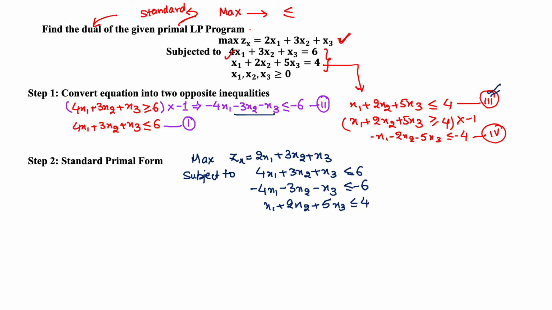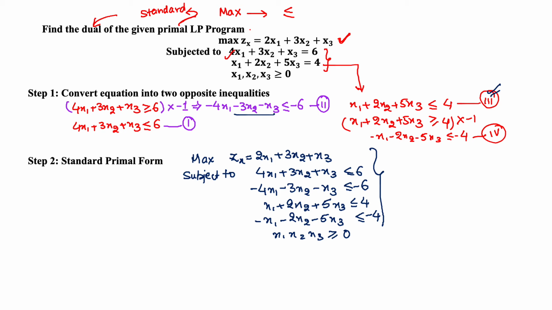Okay, and similarly I will have minus x1 minus 2x2 minus 5x3, and it is less than or equal to minus 4. Okay, so these are my decision variables x1, x2, x3 all greater than or equal to 0. So that is my standard form of primal problem.